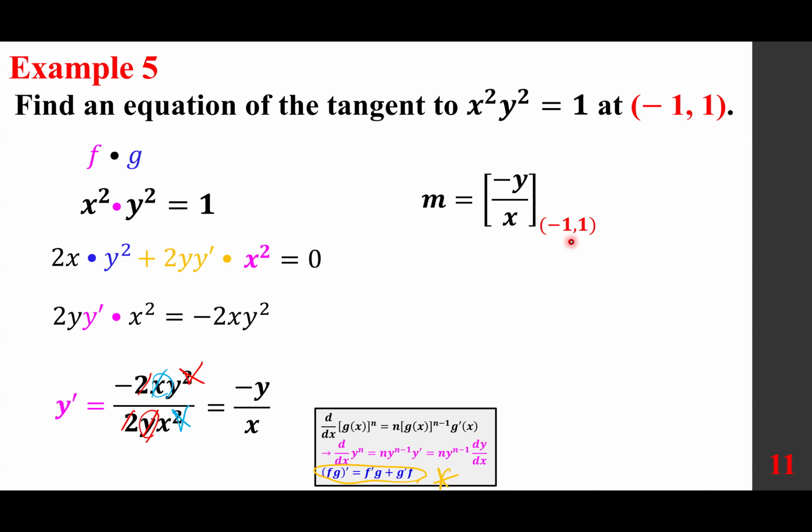So what happens? If I replace the x with negative 1, the bottom is negative 1. If I replace the y with positive 1, I get minus and then positive 1. So minus 1 over minus 1 is positive 1.